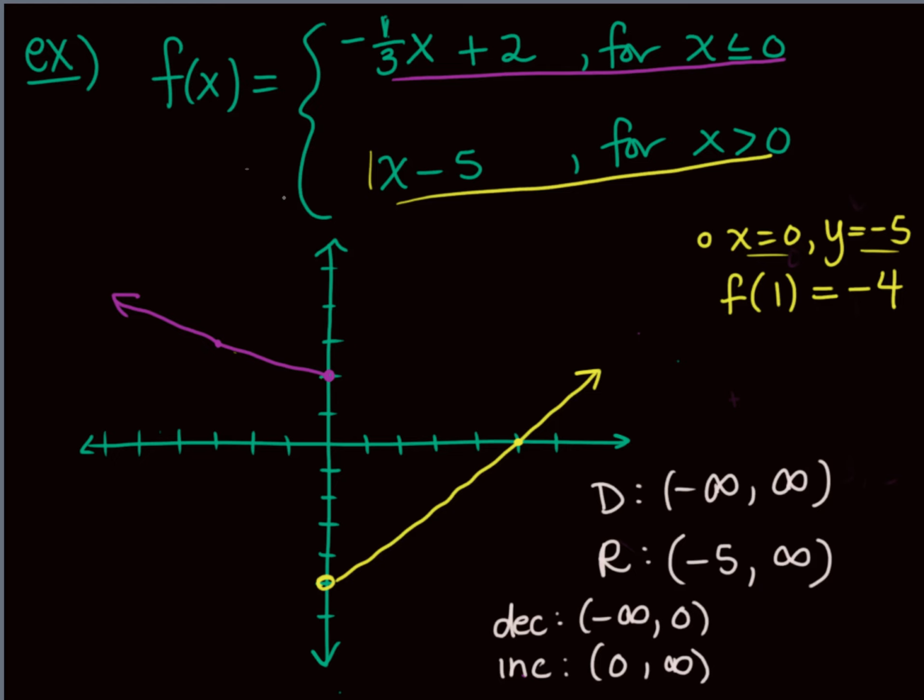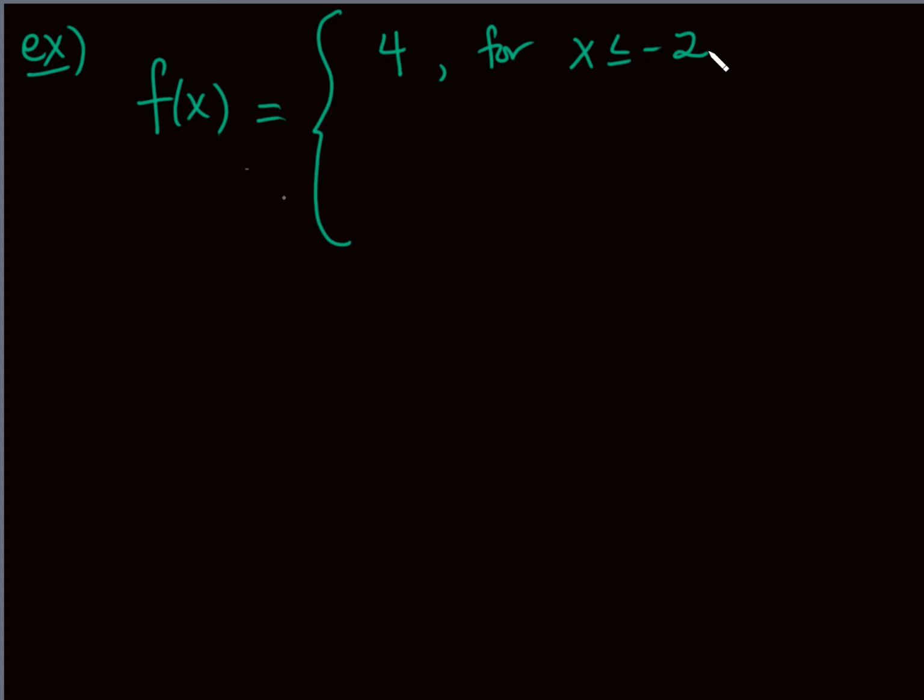All right, let's do one more and then we'll call it good. I'm not going to do that other example I talked about because I think I got what I needed to there. So let's look at this one. F of x. Doesn't always have to be f of x. I don't know why I insist on doing f of x, but whatever. Let's have it be 4 for x less than or equal to -2.